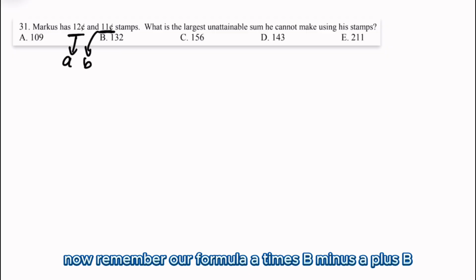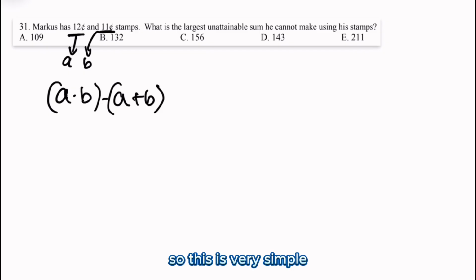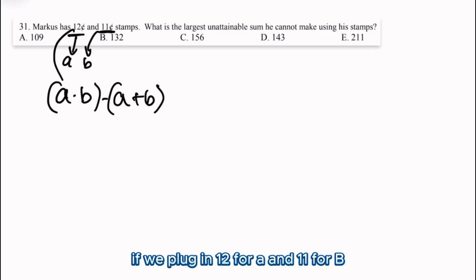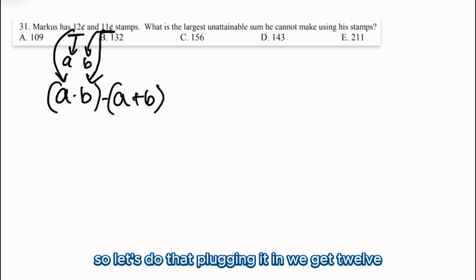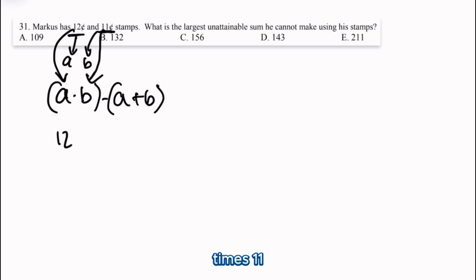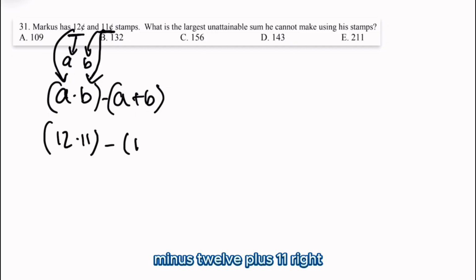Now, remember our formula. A times B minus A plus B. So this is very simple. If we plug in 12 for A and 11 for B, we can easily get our answer. So let's do that. Plugging it in, we get 12 times 11 minus 12 plus 11, right?